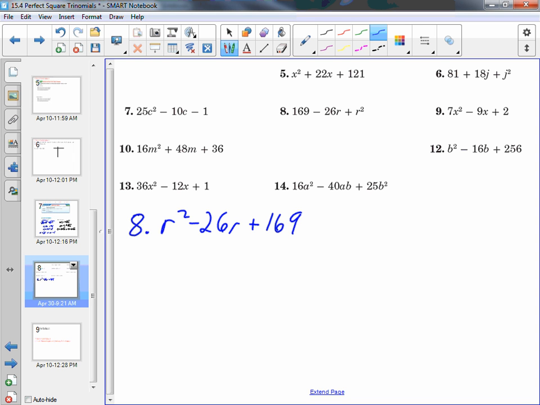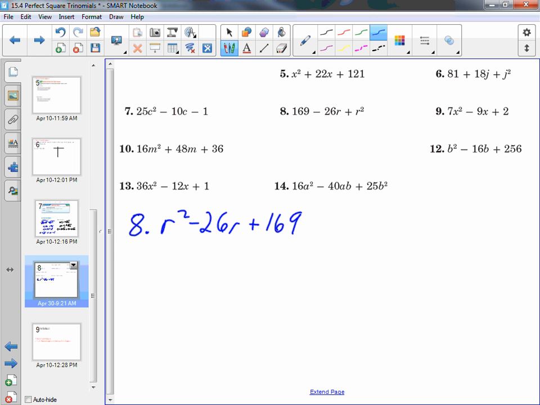Is the middle, the negative 26r, is it 2ab or negative 2ab? Either one's fine. Well, it would be the negative one. So is this negative 2 times r times 13? It is.